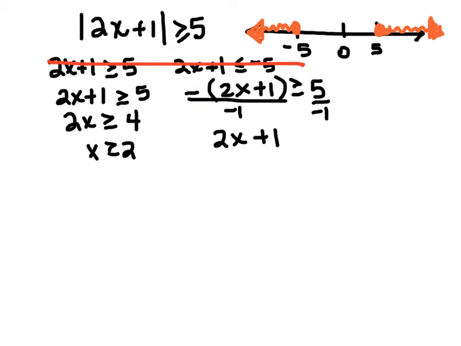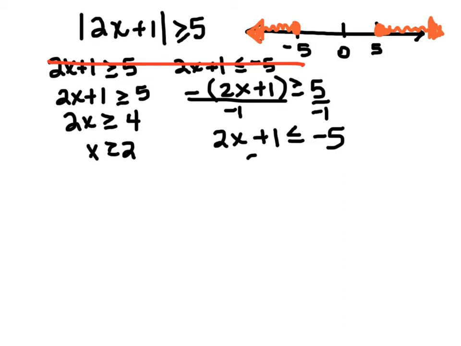But remember, when you divide by a negative, you have to flip the inequality. So I'm going to flip it this way. And look what I end up with. This is the same as this. But I'm not memorizing a rule, and I'm not remembering the math because that will get confusing. This is the math behind that, but I want you to see this.